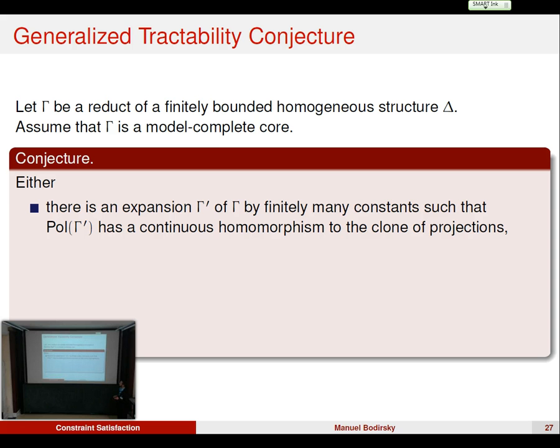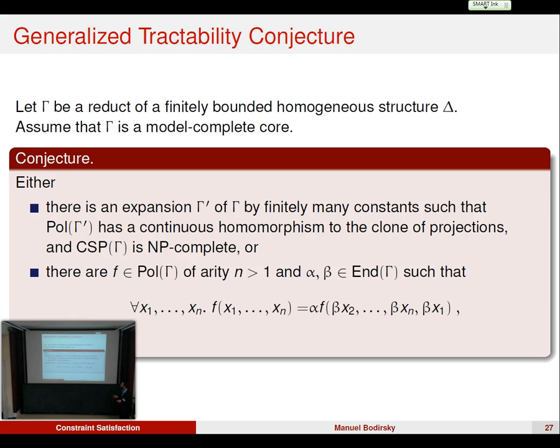Then either there is an expansion of gamma by finitely many constants such that the polymorphism clone of the expansion has a continuous homomorphism to the clone of projections, and the CSP is NP-complete by general principles, or we have an n-ary polymorphism f, arity at least 2, and endomorphisms of gamma, such that you have a cyclic equation, but modulo applying an automorphism outside and to the arguments.